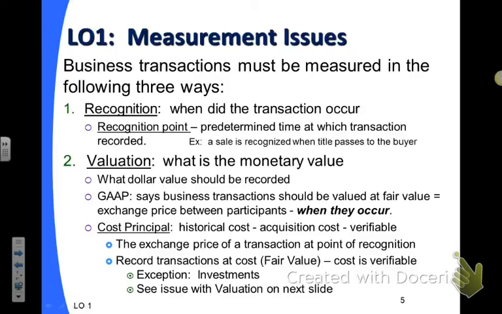Now, there are also situations where we do use fair value to record transactions. Fair value is used when there's a market that is readily discernible for a certain item.